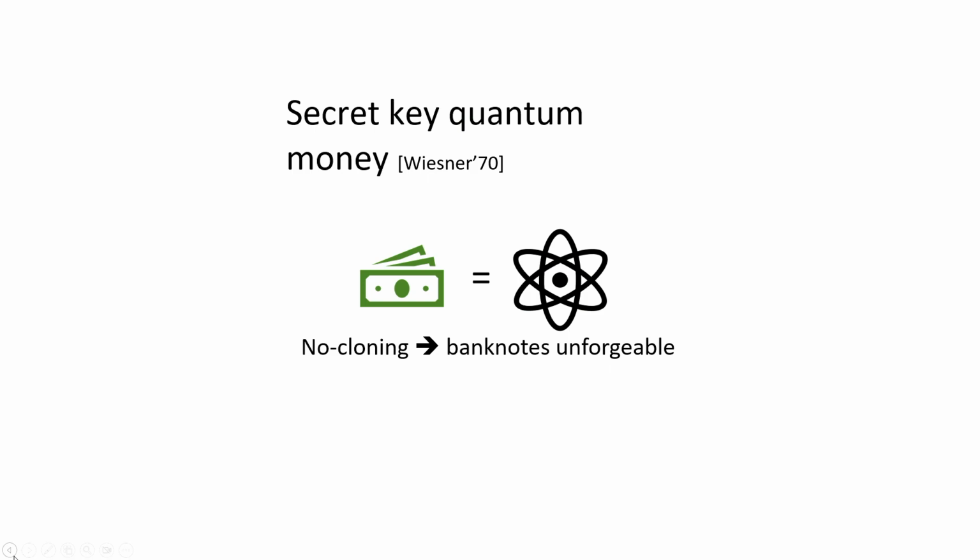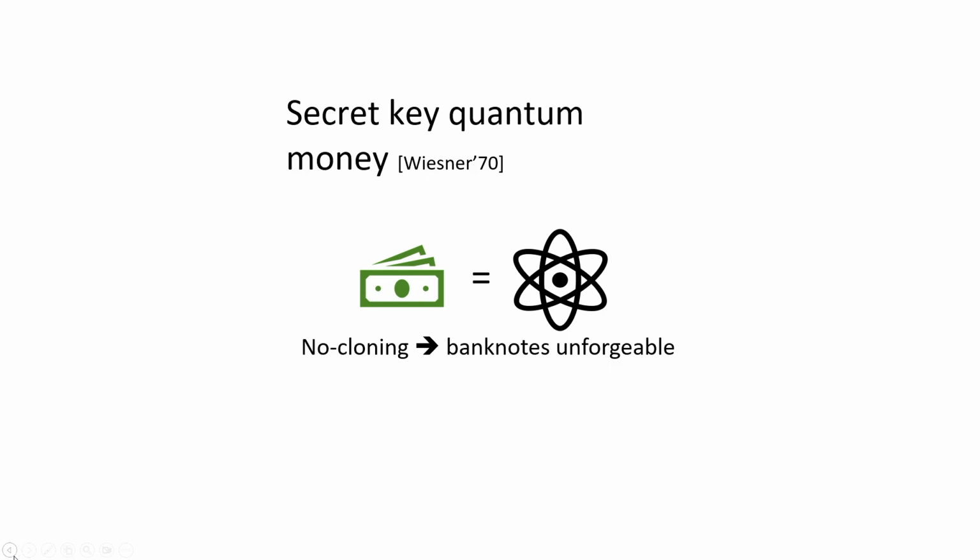Here, the banknote is a quantum state that's unknown to the public, and no-cloning implies that it's impossible to counterfeit this banknote. The problem is that since only the creator, which we call the mint, knows the quantum state, only they can verify.